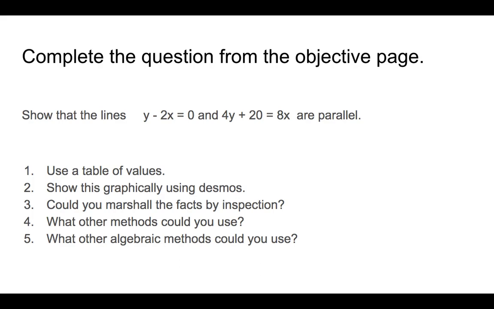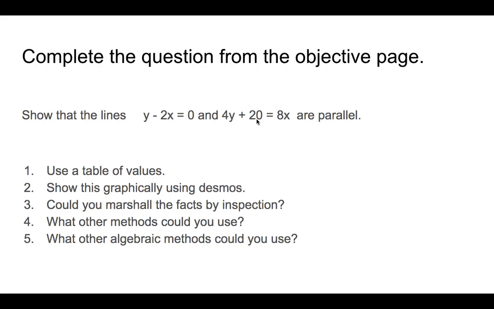Okay, so that was a question from the objective page, and with each of these, make sure you understand the starting point, the table of values, know that Desmos is there or GeoGebra is there. Can you marshal the facts by inspection? Could you look at these and say, oh, if I rearrange that equation, what would I get if it was y equals mx plus c?